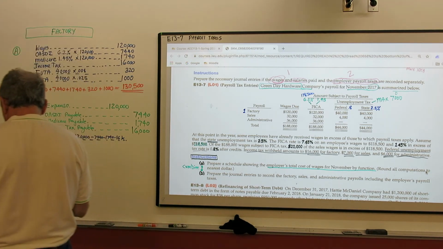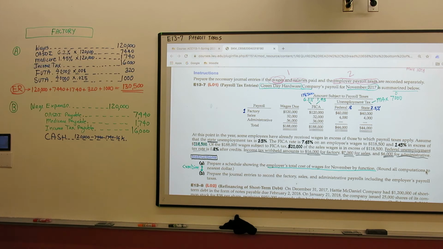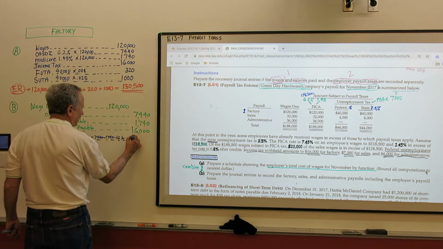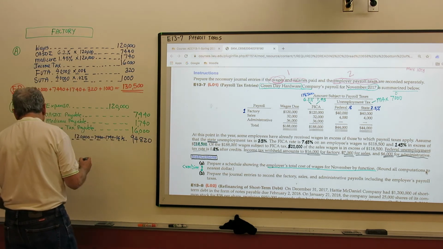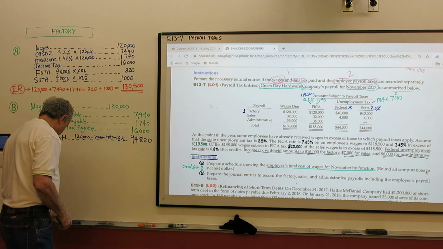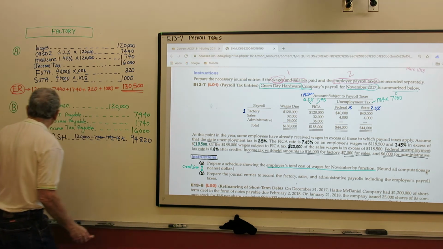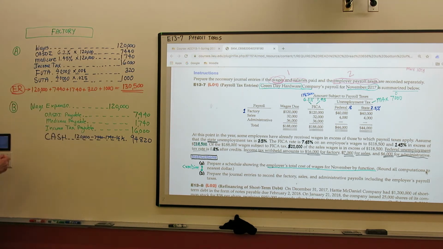That will be 94,820. There has to be another journal entry here, though, because this is again really the employer. Let's put a big double E here. This is the employer paying you, the employee, and these are withheld from your wages, and there's your net pay.